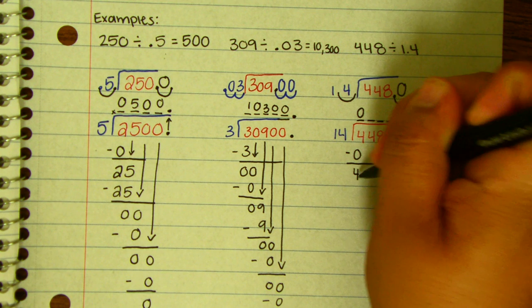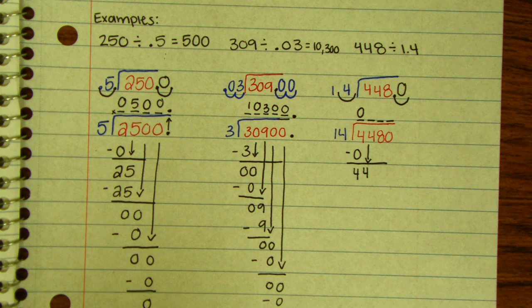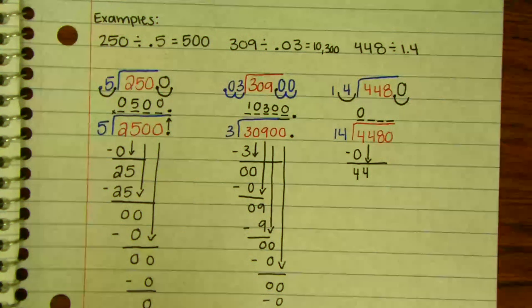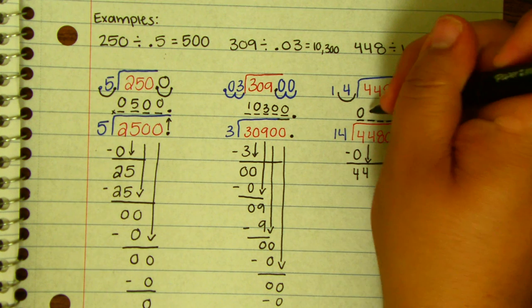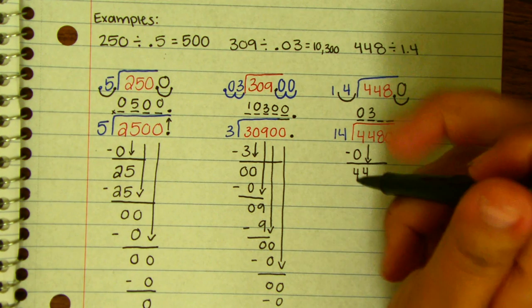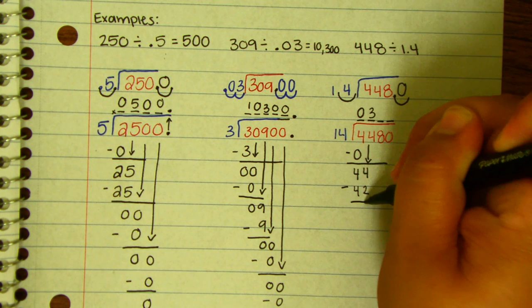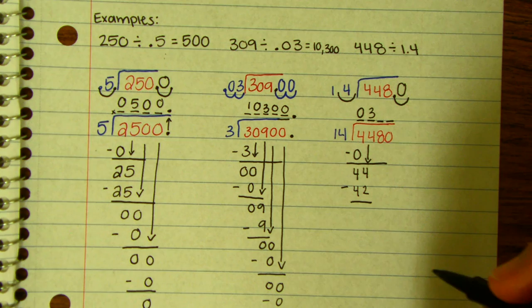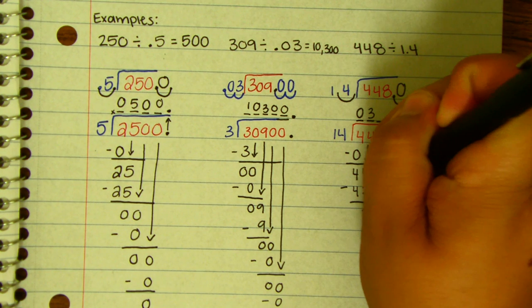I bring down my 4 and then I go and bring down my next number. So now I have the number 44. Well, we've been using this number quite a lot, so I should know that 14 times 3 is going to give me 42. Now that I know that, 44 minus 42 is 2, and I bring down the 8.